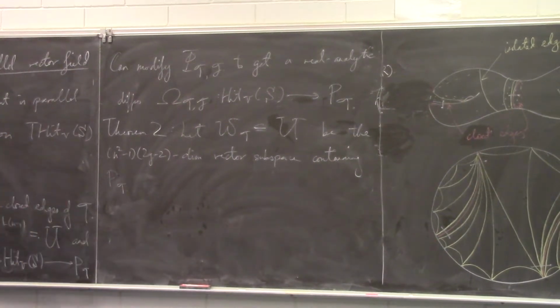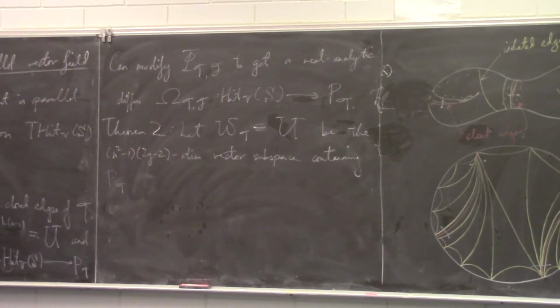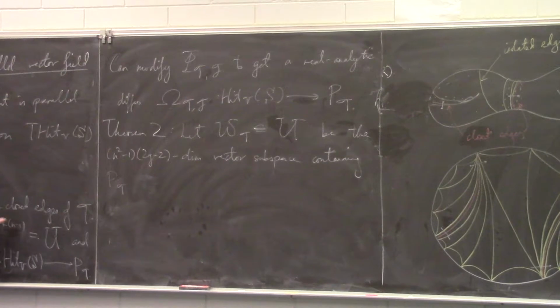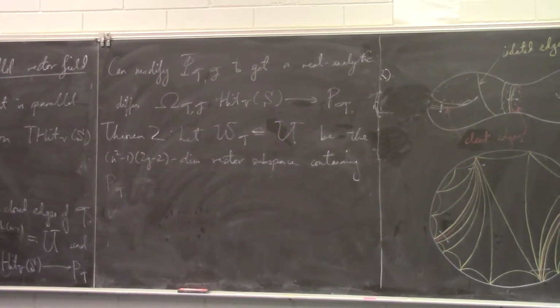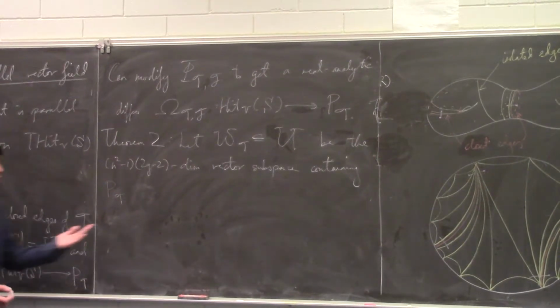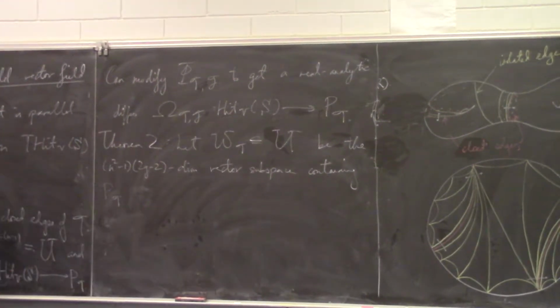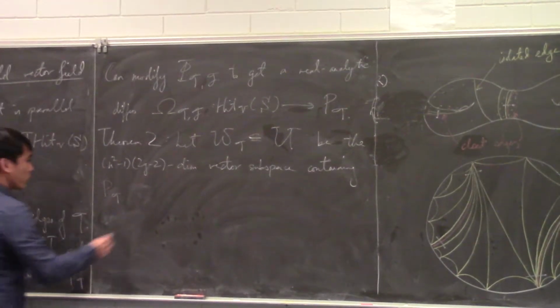Remember I said that the convex polytope was cut out by k times n minus 1 linear equations and a bunch of linear inequalities. I forget about the linear inequalities. These k times n minus 1 linear equations give me a vector subspace, and that is what Wt is. So it's the minimal dimensional subspace in U that contains Pt.